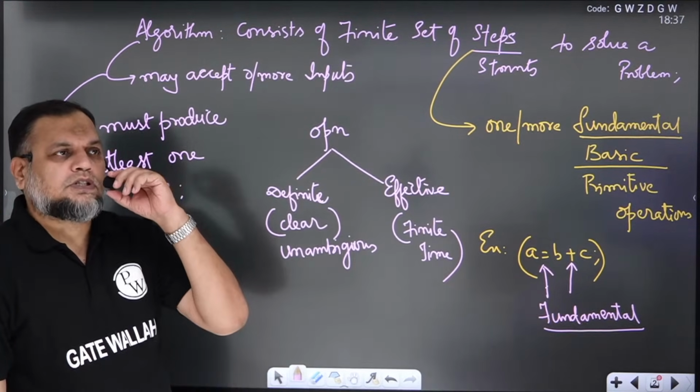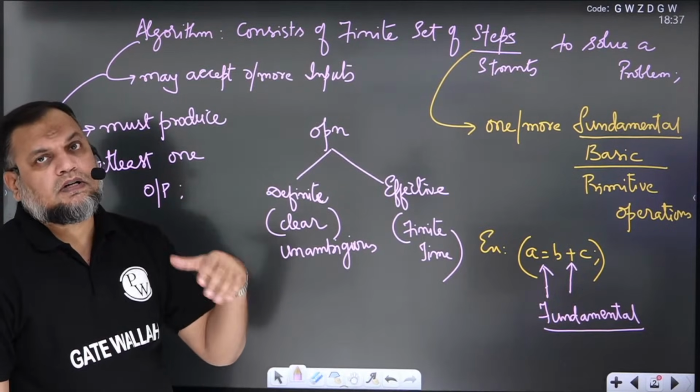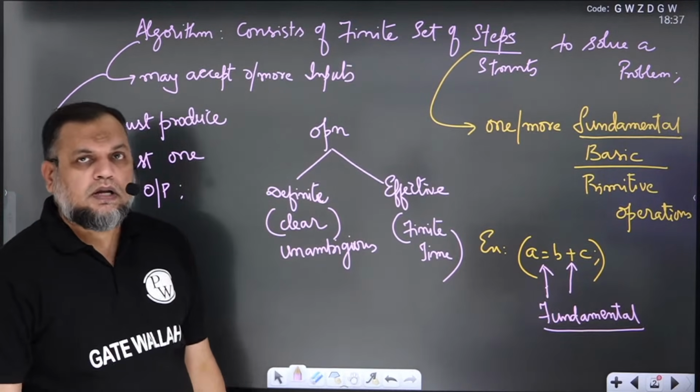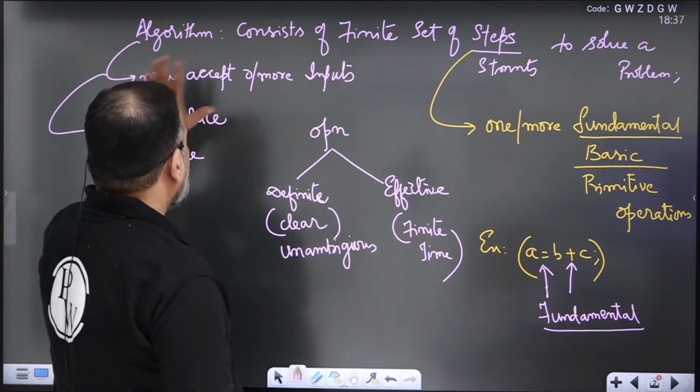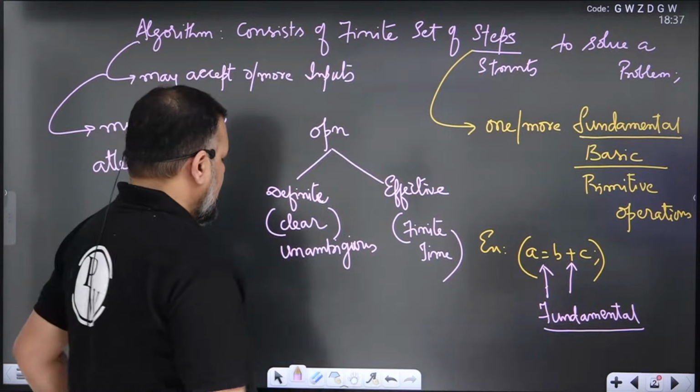That's why must produce at least one output, but may accept zero or more externally provided input. This is the formal definition of algorithm.